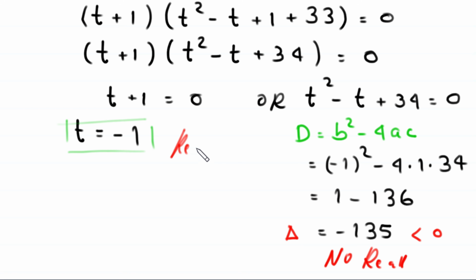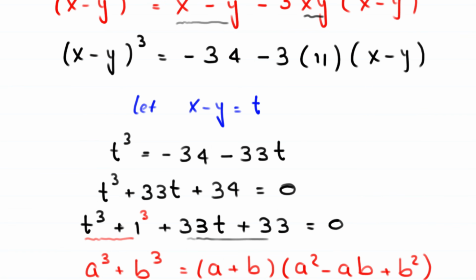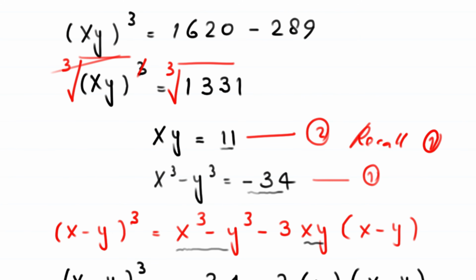Now recall that we have supposed that x minus y equal to t, and equation number 2 is xy equal to 11.